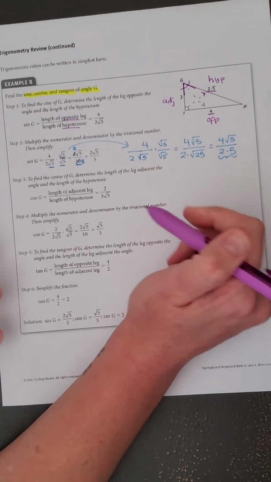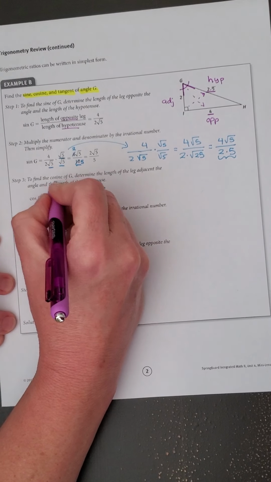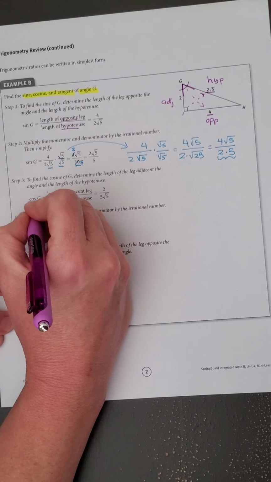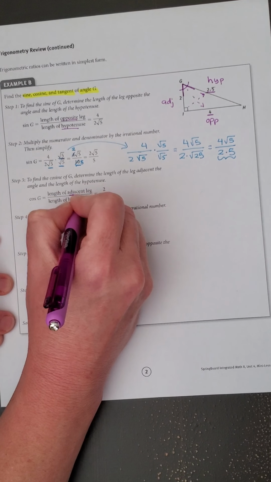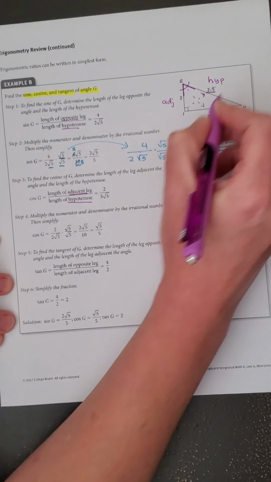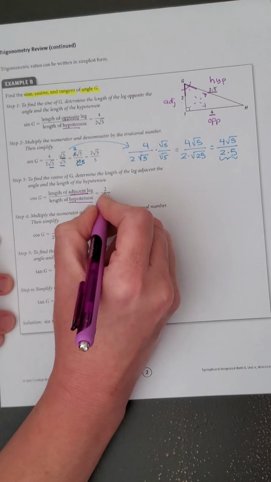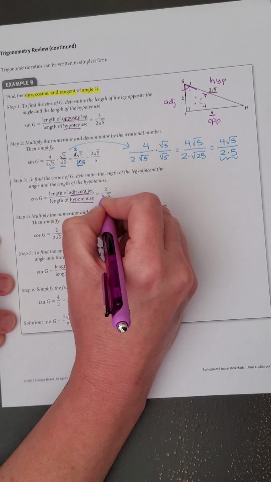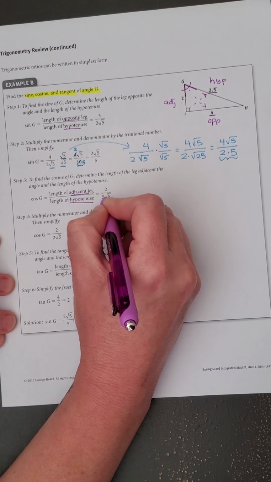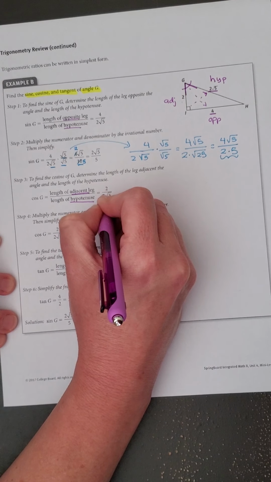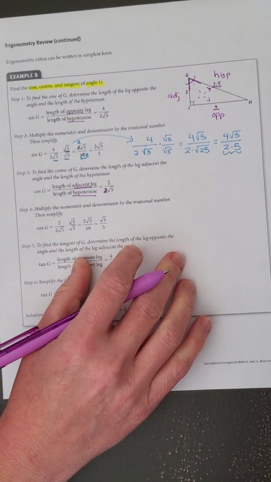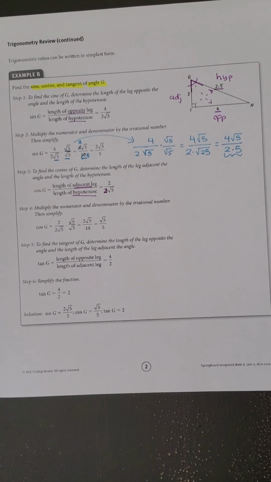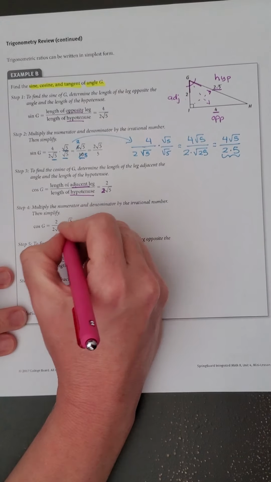All right, next one. Step 3, to find cosine of G. So cosine is adjacent over hypotenuse. So adjacent would be 2 over hypotenuse, which would be 5 square root 5. This is an error right here. This is not 5 square root 5. There's a typo. This should be 2 square root 5. All right. And so again, they're skipping a step right here, so I'm going to show it.